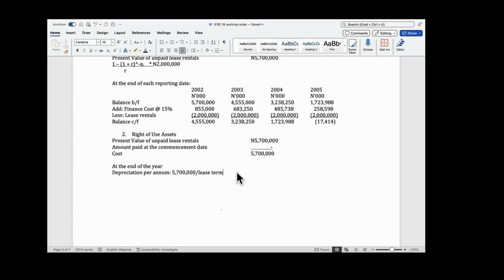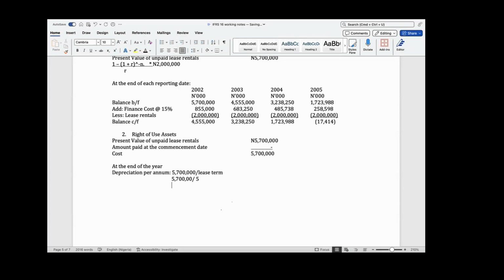So one would not expect the lease term to be the lower one. So it works like this. Ordinarily the lease term should have been 4 years, but because they said it can extend, it becomes 5 years.